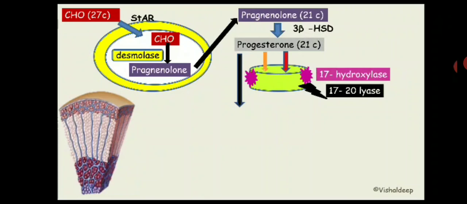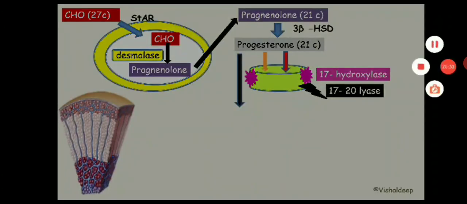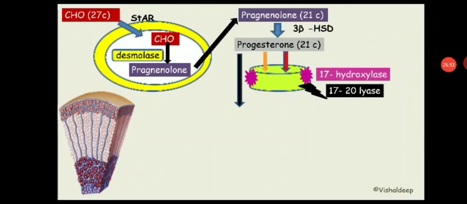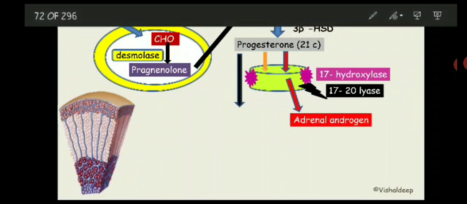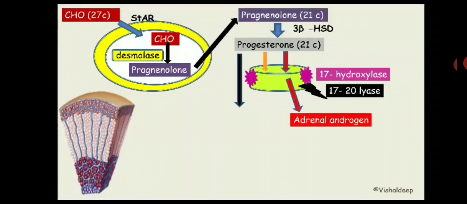Just see your paper where you drew the cholesterol molecule. See where this lyase will act. So what will this 17-20 lyase enzyme do? First, it will make hydroxylation at the 17th position, and then it will lyse the 17-20 bond, right? So the enzyme that is present in a cell that makes the sex hormone, that is adrenal androgen, first hydroxylates at the 17th position, then lyses the 17-20 bond, that is 17-20 lyase.